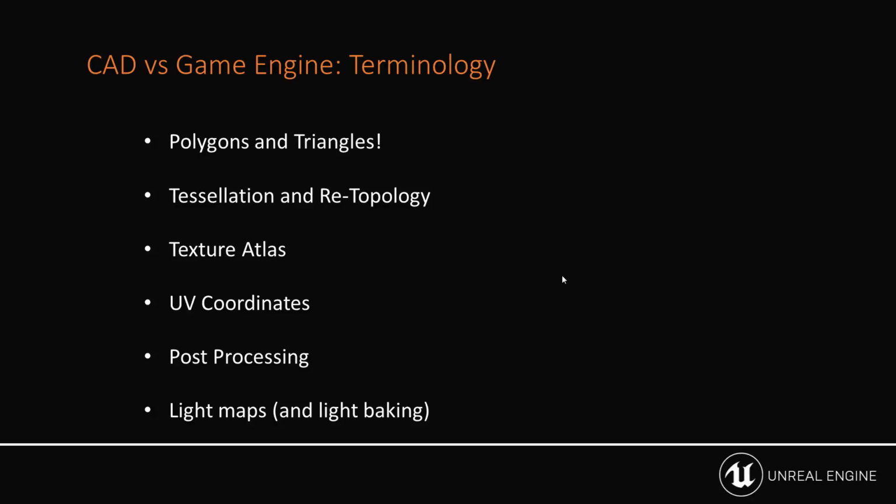And light maps and light baking. This refers to the process of lighting your assets and your scene, and then baking that light into texture maps so that the lighting doesn't need to be calculated every single time for interaction with your design.